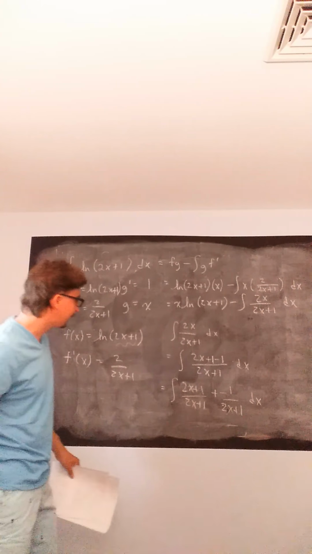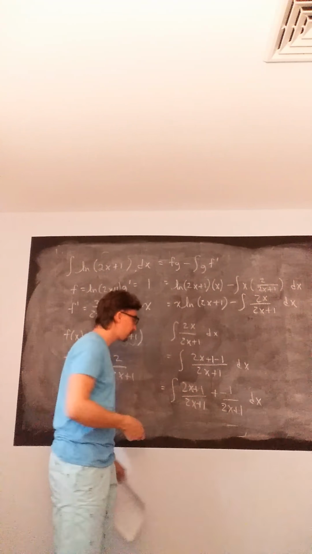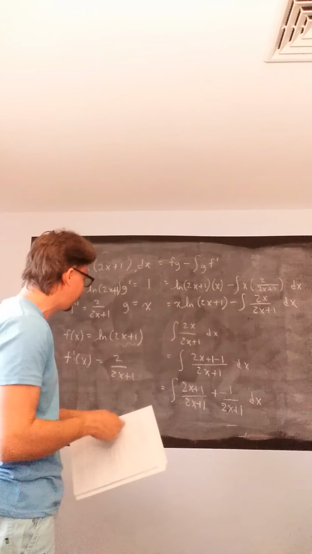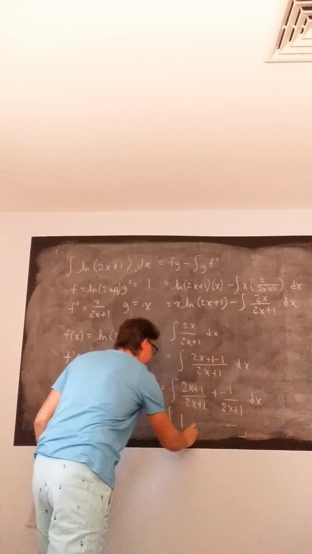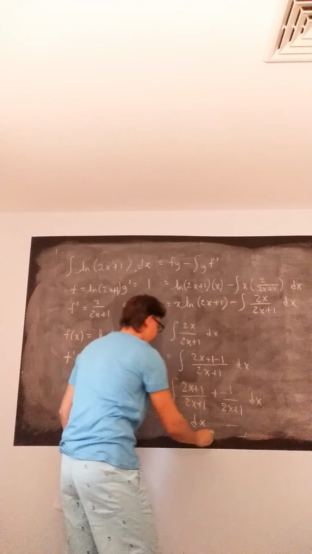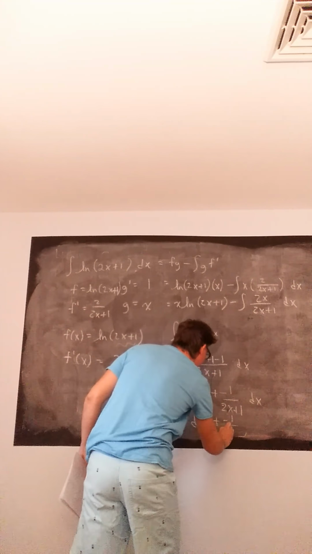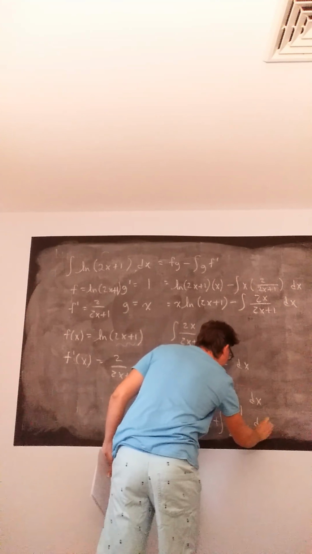We were able to break this integral up into these two pieces. And look how nice this is. 2x plus 1 over 2x plus 1, that's everything we would imagine in our wildest dreams we would like to happen. So that's the integral of 1 dx. And then we have another integral here, which would be negative 1 over 2x plus 1 dx.